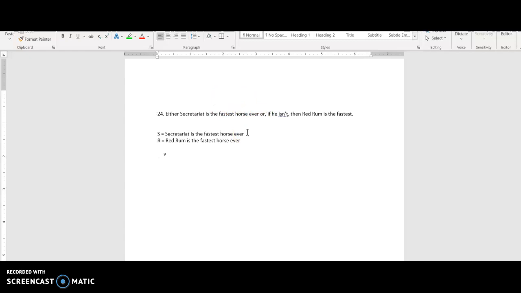First part, Secretariat is the fastest horse ever. Or, now the second part, the right disjunct is a conditional, right? If something, then something else. If he isn't, meaning if Secretariat isn't the fastest horse ever, so S or, if not S, then R.